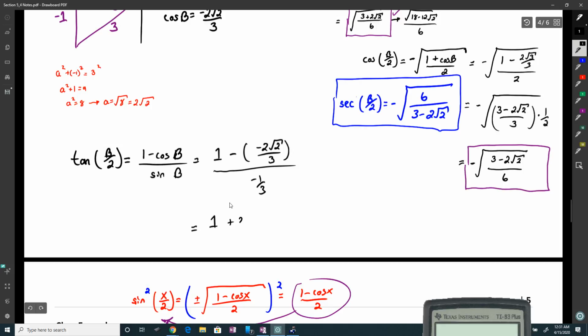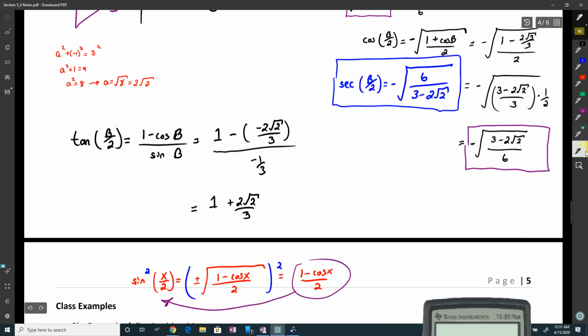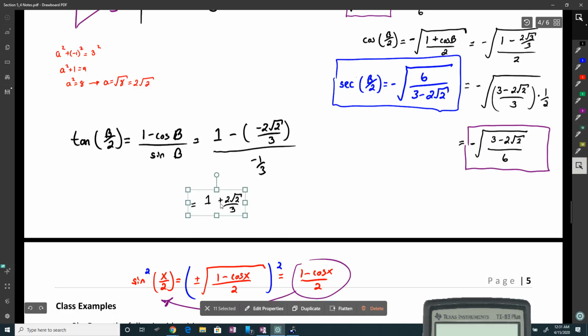So 1 plus 2 square root of 2 over 3, and again dividing by something, dividing by 1/3 is the same. I'll hold off on that. I've done these a lot, so my brain kind of knows where to go, but I don't want to make y'all sad.